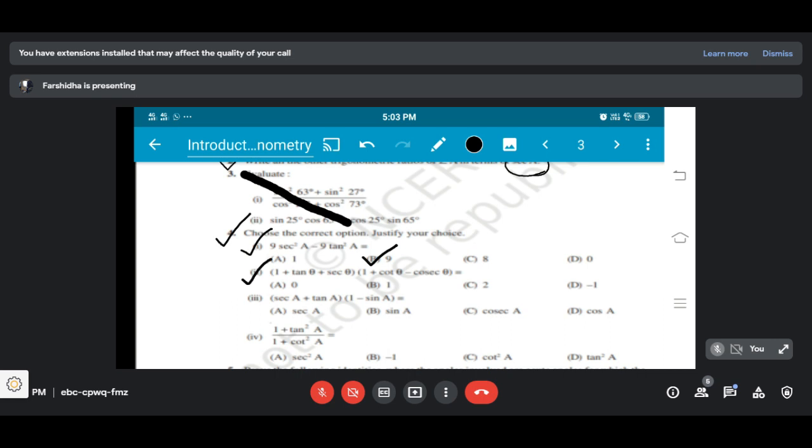Second one, 1 plus tan theta plus sec theta into 1 plus cot theta minus cosec theta.